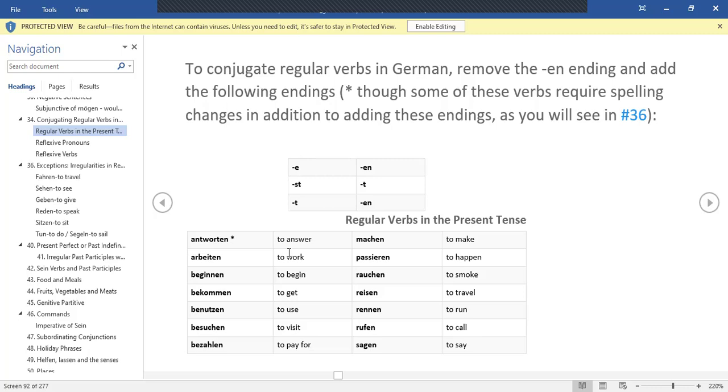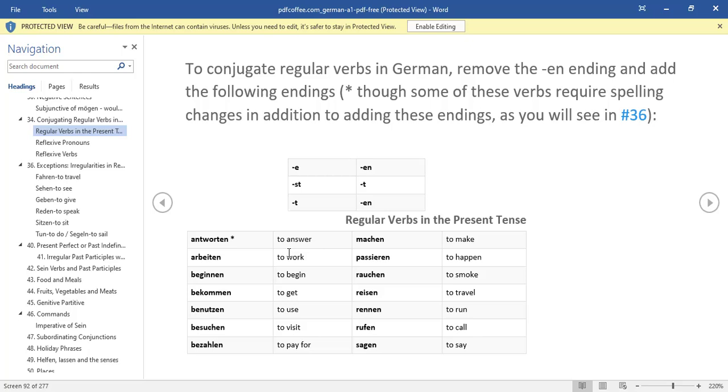I have to make a sentence. So I want to say, I answer my phone. I am answering my phone. So it's in the present tense. These verbs are in the present tense. So in German, I have to conjugate the verb antworten.